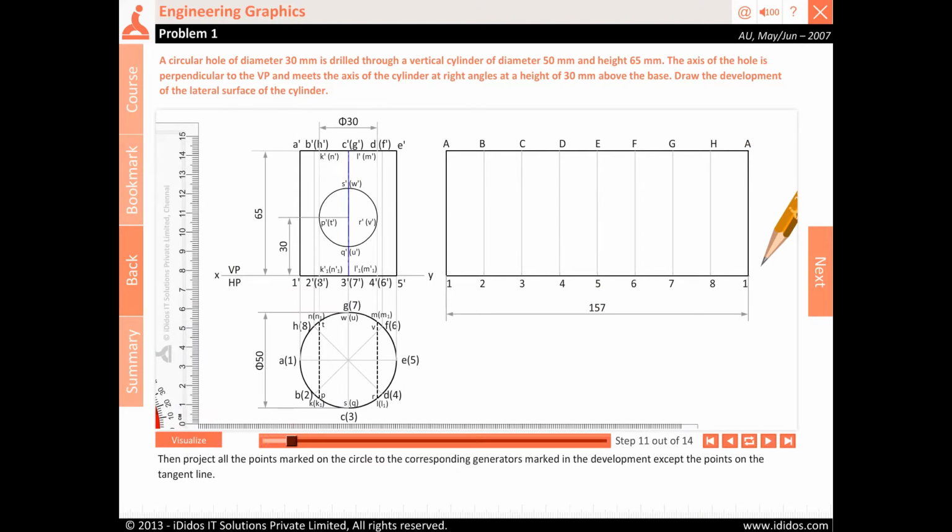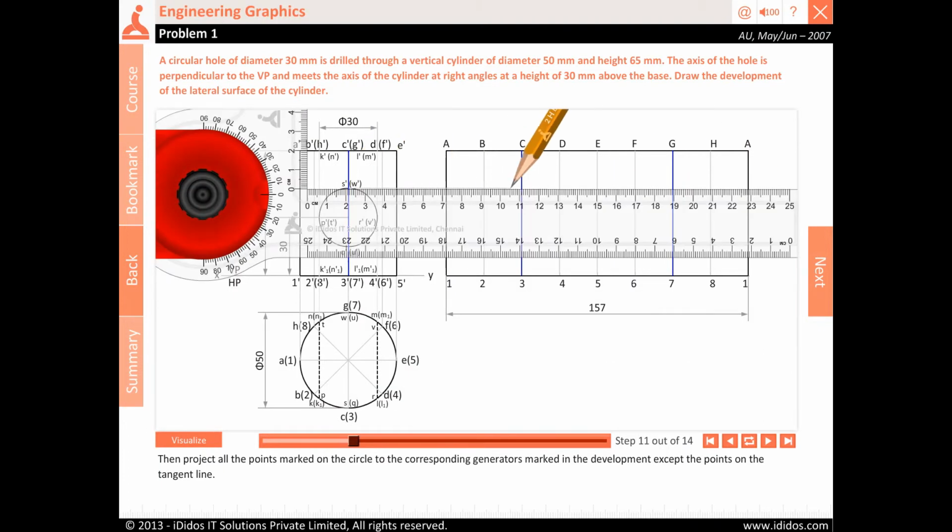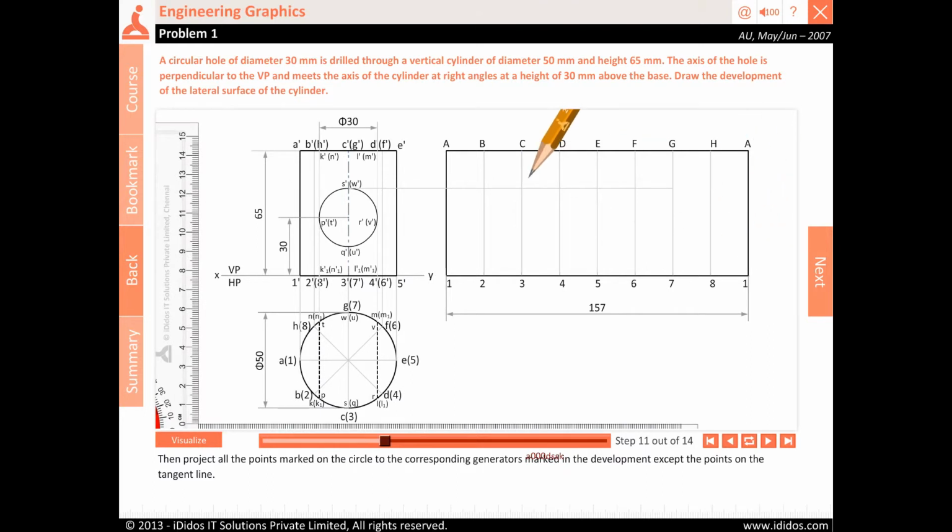Then project all the points marked on the circle to the corresponding generators marked in the development except the points on the tangent line.